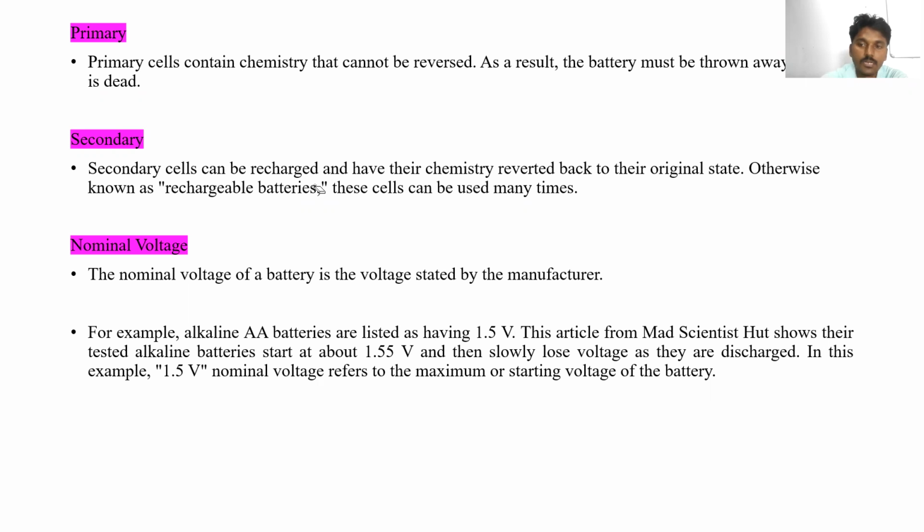So 1.5 volts is the nominal voltage, referring to the maximum or starting voltage of the battery. The manufacturer tells us the rated voltage of this cell is 1.5 volts. So we can simply call it a rated value, rated voltage. Clear?